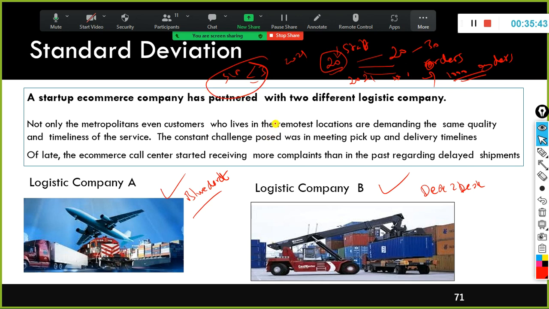You don't want to rely on only one courier company, so you want to give 500 orders to this one and 500 orders to the other. You tell them that each month you can assure them 500 orders. They need to ship on time; shipping alone is not sufficient, you need to ship on or before 3 days.